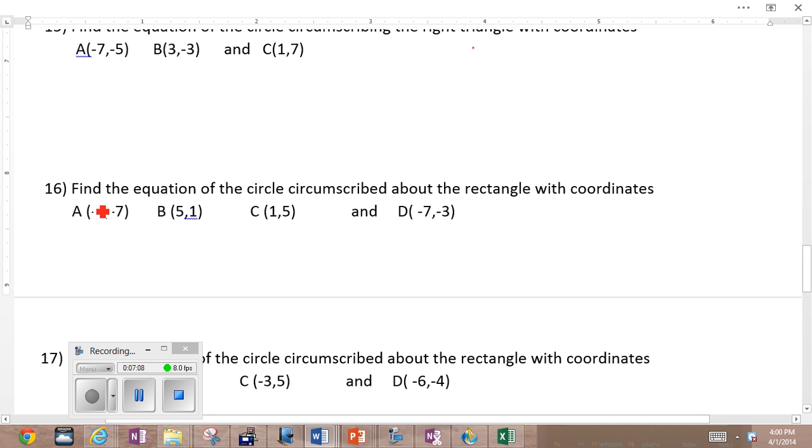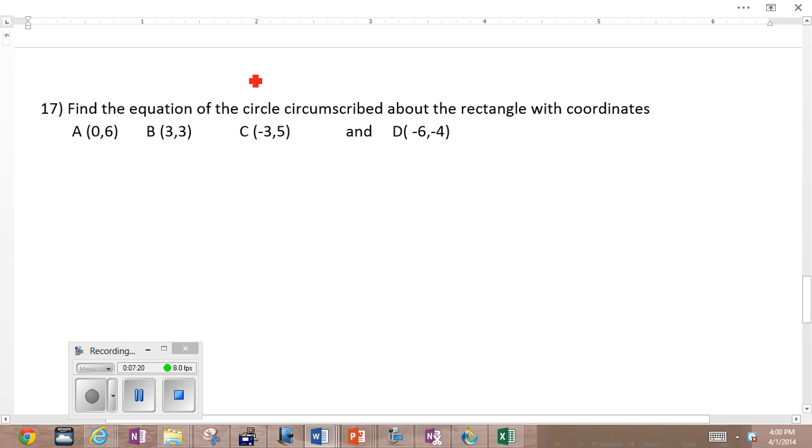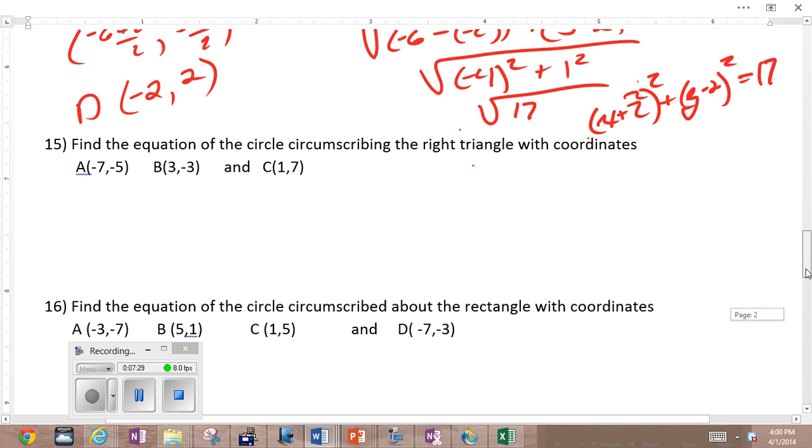Of course, if it's the diameter of the circle, the center is on the diameter and the radius is half of that, and you can do that. And I think there was a flaw with number 17. One of these points was miscalculated, so don't worry about number 17 for now, but 16 and the rest of them you should do.